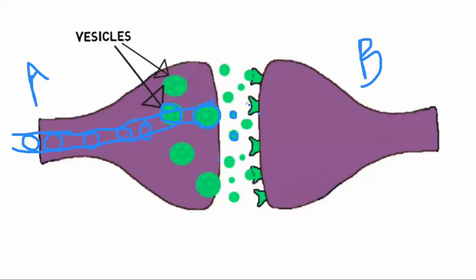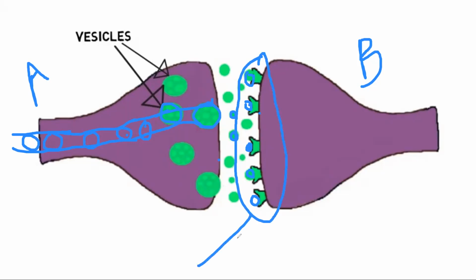Then the neurotransmitter will fill these receptors on this side. Then it will cause an action. When the neurotransmitters get to the dendrite of neuron B, it will cause a reaction.